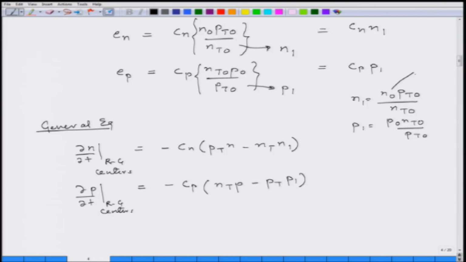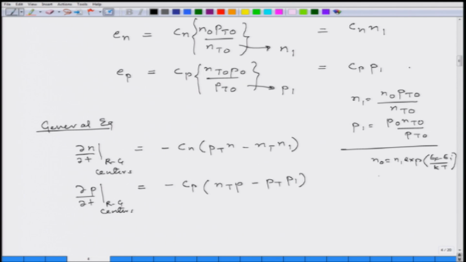N naught is nothing but the equilibrium carrier concentration, so N naught and P naught are known. N naught will be given by Ni exponential EF minus EI, this we know from our carrier statistics in equilibrium, divided by KT.